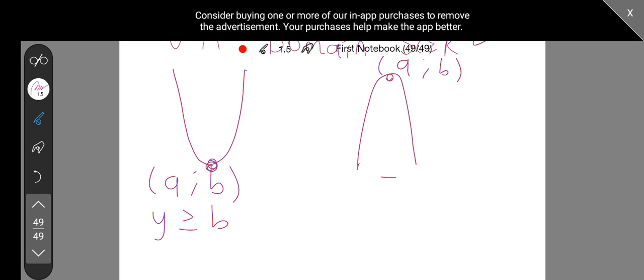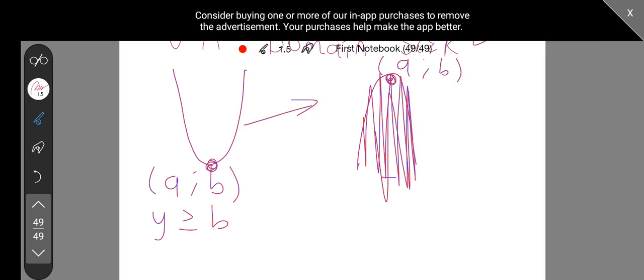Now let's come to the second case. Where are the values of y possible on the graph? From B going down. This one is not from B going up, but from B going down. So we can say that the range is given as y is less than or equal to B. This means that the values of y are possible starting with B going down.